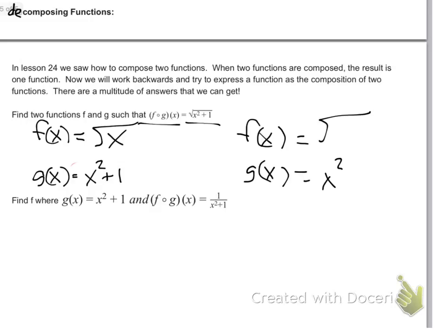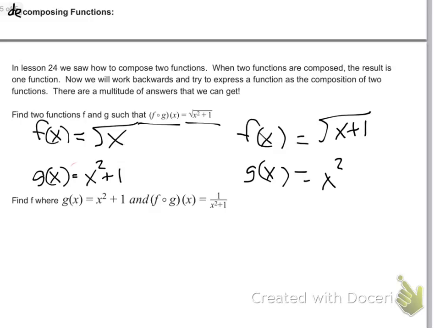It still has a square root, because I need that. It's the square root of x plus 1. Because remember, just because I take the x squared out, that was g of x. It went in for an x in f of x. So these ones can have multiple answers. That's just 2 of them. You don't have to have both. You just have one or the other.